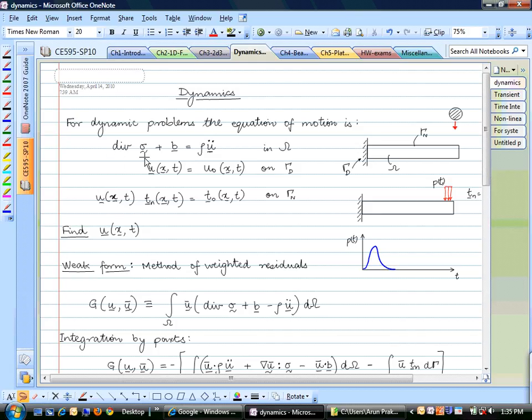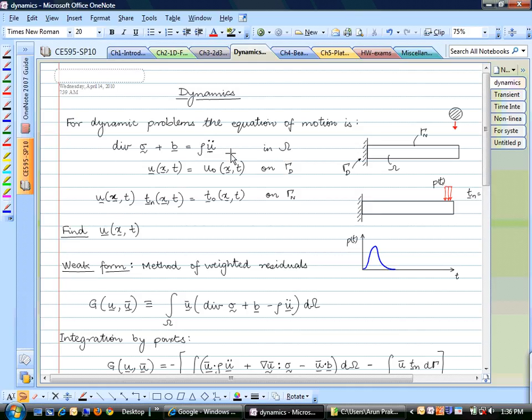We already know that the governing equation that we talked about in statics was div sigma plus b is equal to 0. But in dynamics, all that we have is rho u double dot. And you know where this comes from. If you draw a small cube in the deformed configuration, and you write out the sum of forces is equal to mass times acceleration instead of sum of forces equal to 0, you will get this.